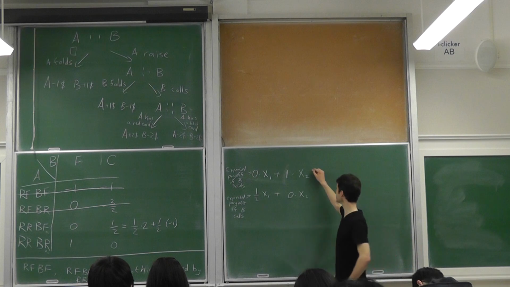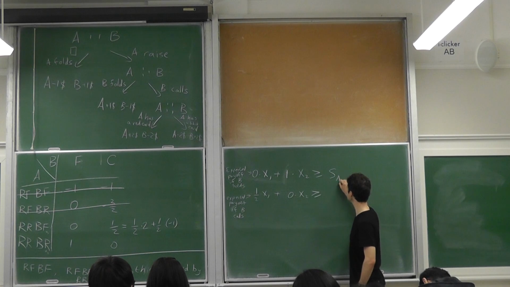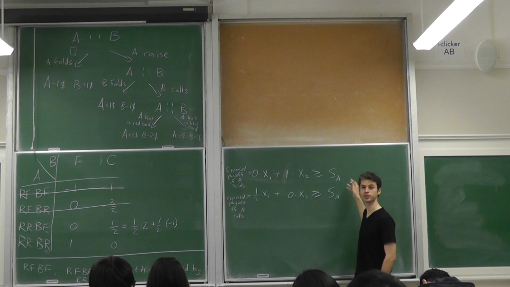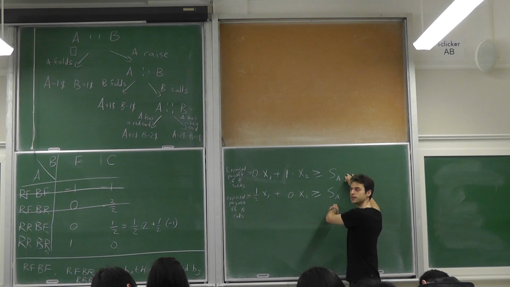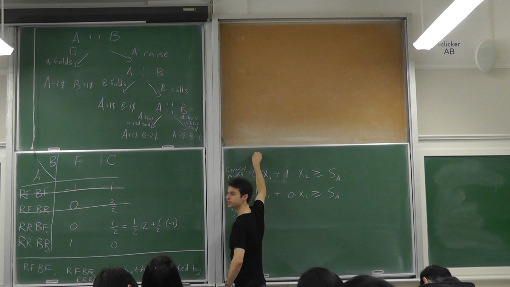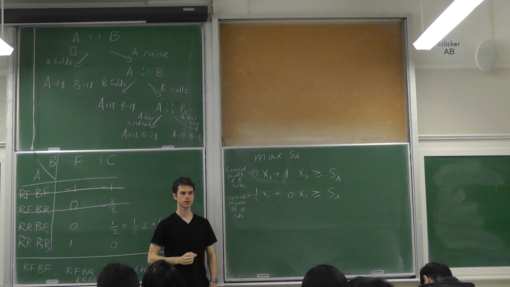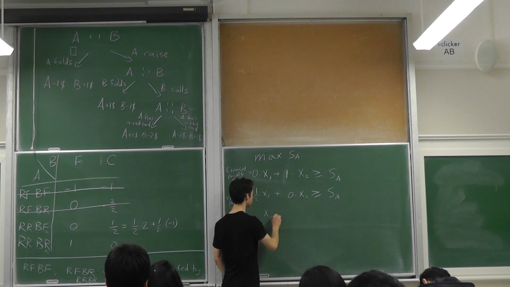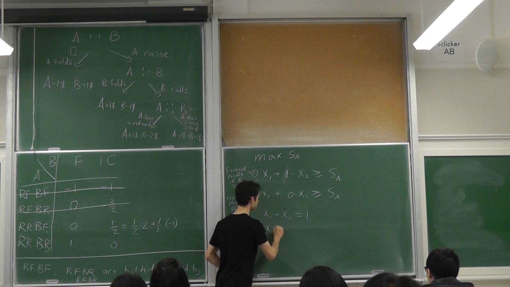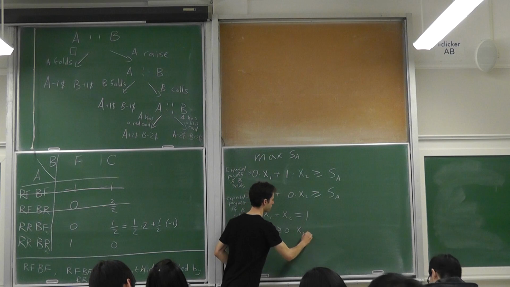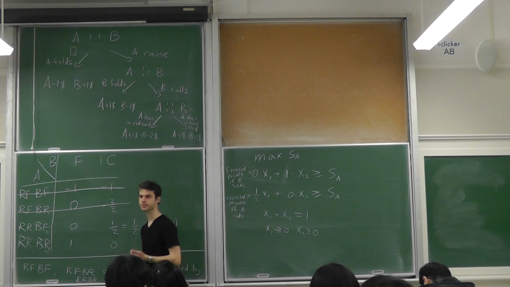So we've seen a trick last time. We would say that these two numbers are both larger than some quantity, which is basically called the mixed strategy security level for Aries. And then we want to make this quantity as large as possible, subject, of course, to some additional constraint about x1 and x2 being probabilities, which means they are both non-negative and their sum is equal to 1.